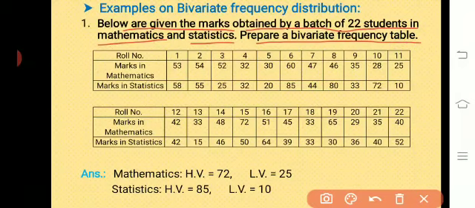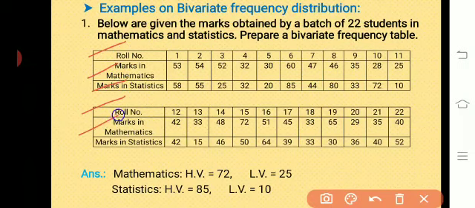And here we have the data, that is roll number, marks in mathematics and marks in statistics. Similarly, roll numbers, marks in mathematics and statistics. 22 students are there. See here, roll number 1: marks in mathematics are 53 and marks in statistics are 58.